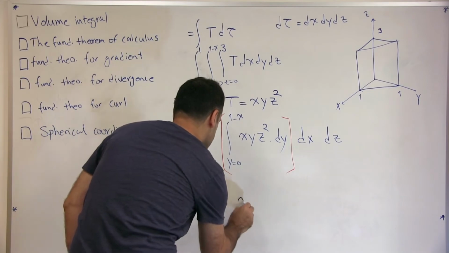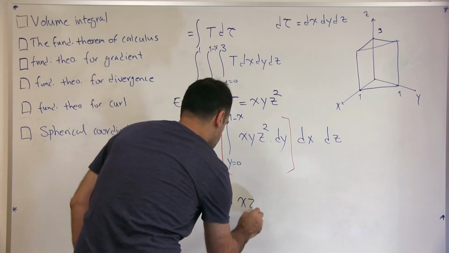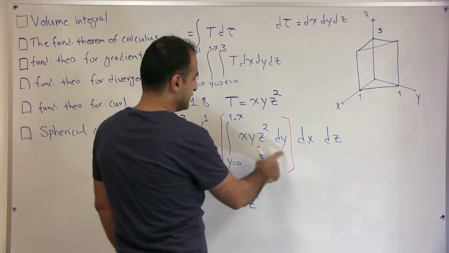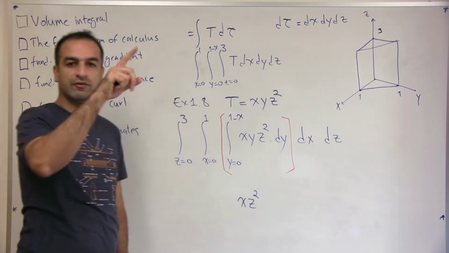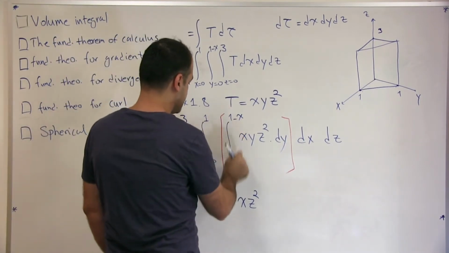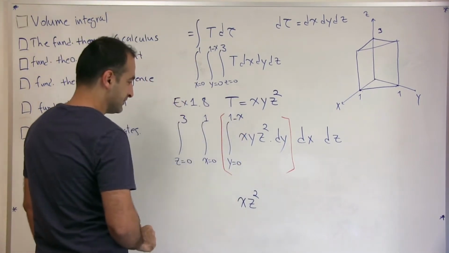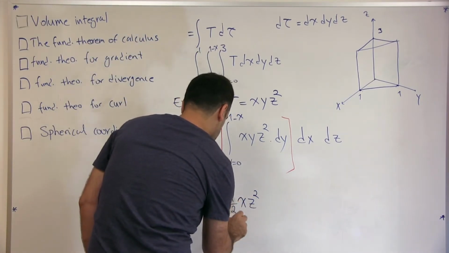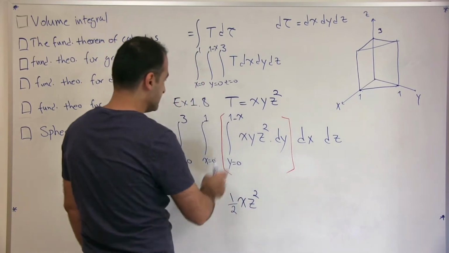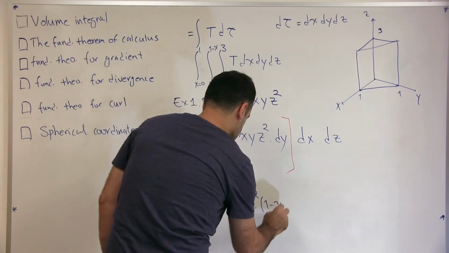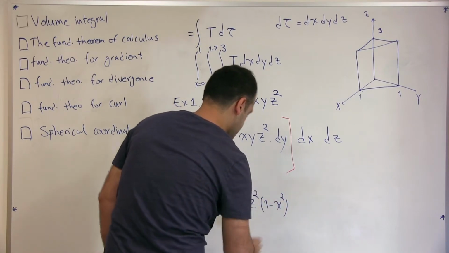This is x times z squared times the integral of y dy, which is 1/2 y squared, with limits 1 minus x and 0. So this should be multiplied by 1/2 y squared, and that's going to be 1 minus x. Sorry.